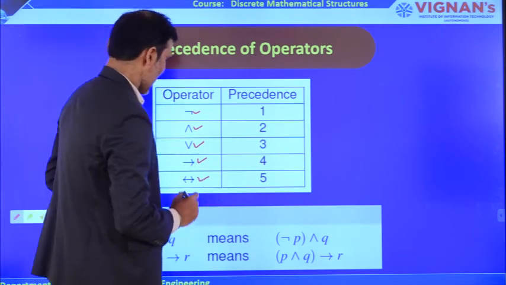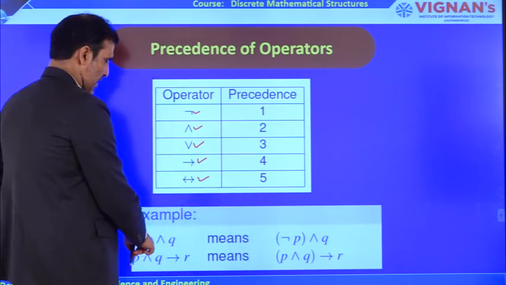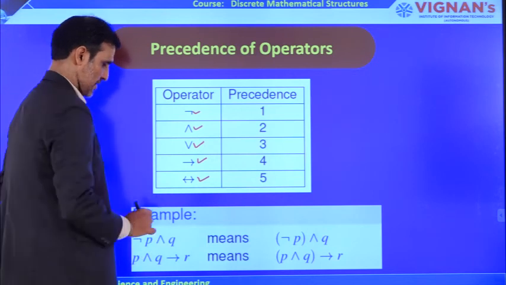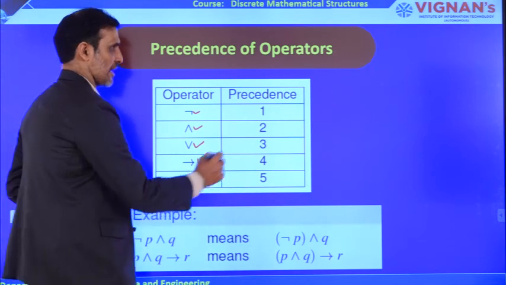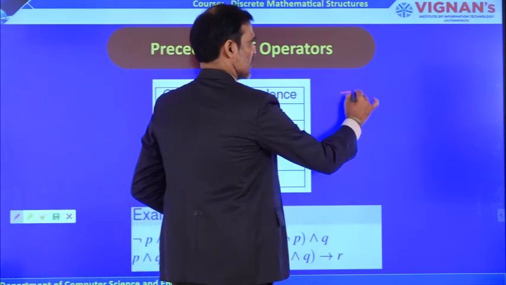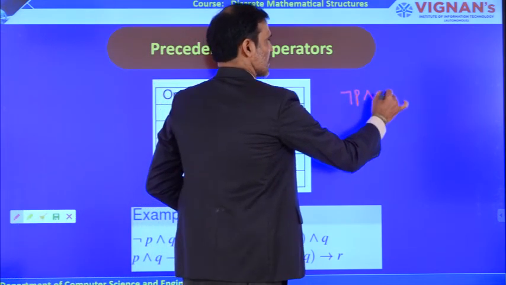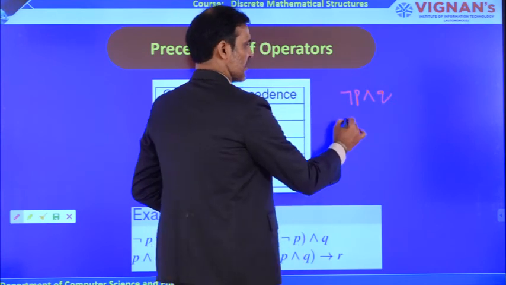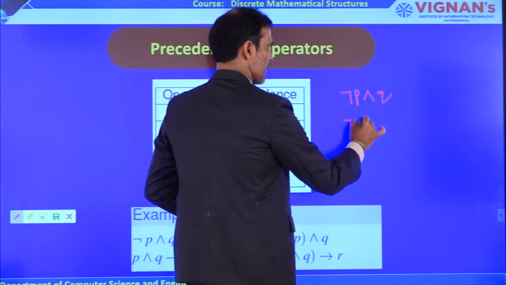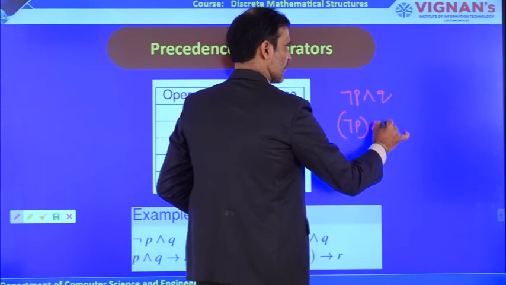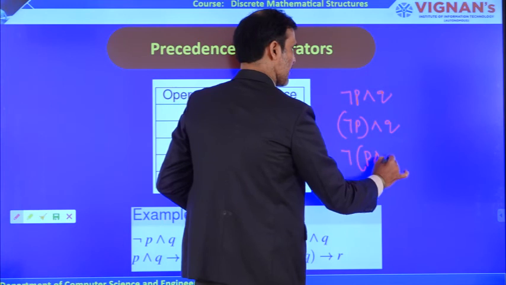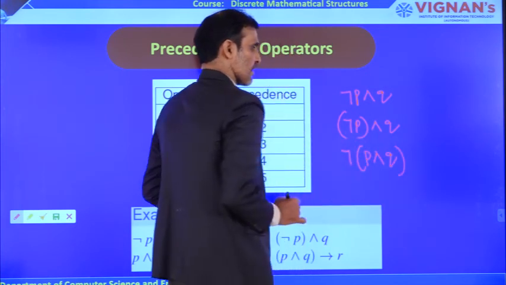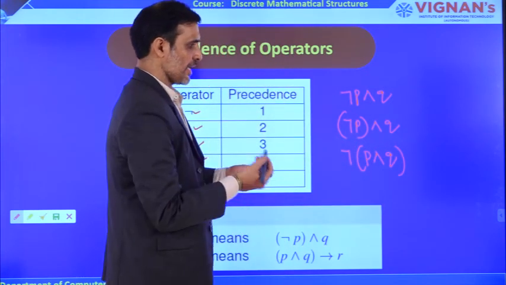I have given one example here: negation P and Q. See here there is a negation, P and Q. You don't know whether this statement is negation P and Q, or can I take negation of P and Q? Can I take it like this or like that?